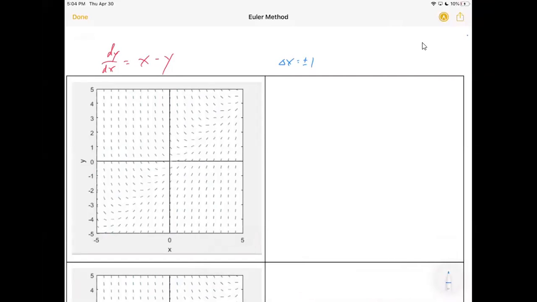We'll start at a point that's in the field. We'll start at the point (0, 2). So this will be our initial point. Remember the initial value problems. And we need to figure out how to step our way through the field. All right. So we're going to start right up here at (0, 2), which is approximately there in the graph.